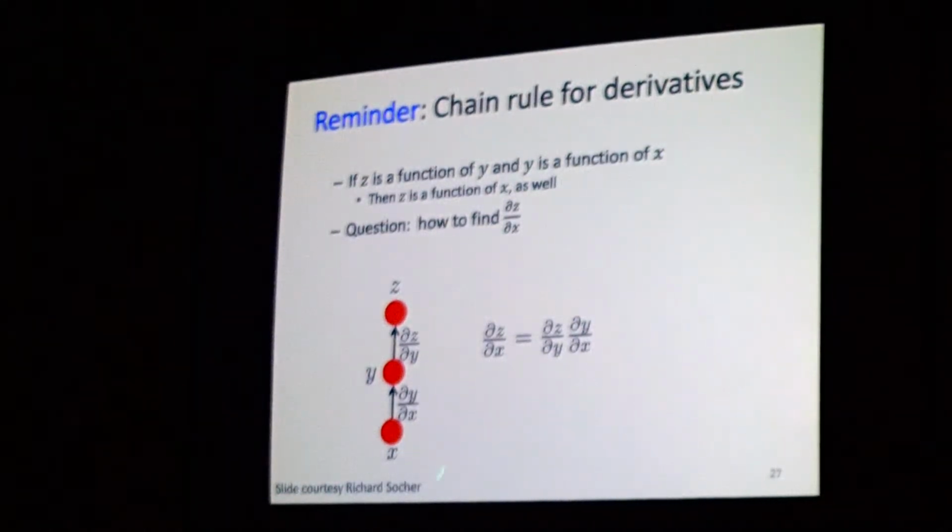There is only one path from x to z, so we multiply partial y over partial x times partial z over partial y. That's it.